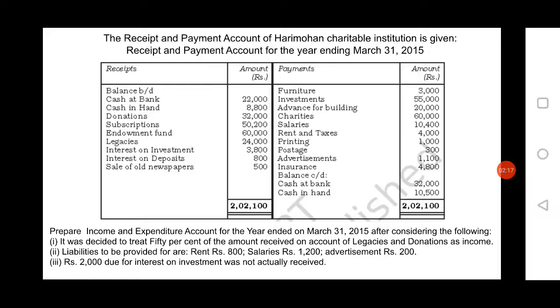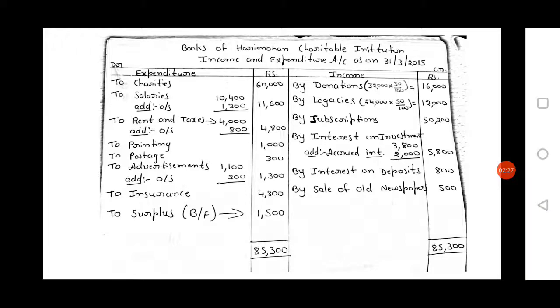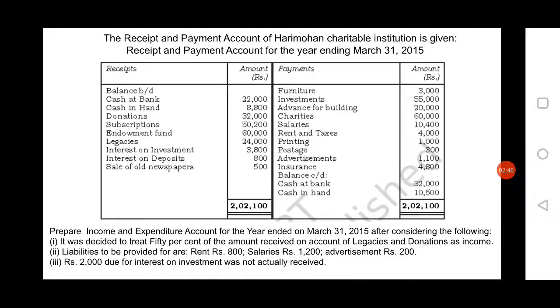Liabilities to be provided means not yet paid, outstanding. You have to add this to the 10,400. That is, on the expenditure side you have to write to salaries 10,400, add outstanding of the current year 1,200, then you will get 11,600.